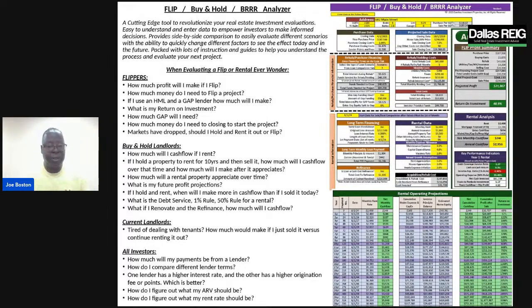Does it make sense, or is it out of bounds for what you could actually receive, so that you don't make an investment on something that's not realistic? So we look at this from a number perspective on how you can drill down, look at the different scenarios so that you can make an informed decision on if you want to move forward with that investment.